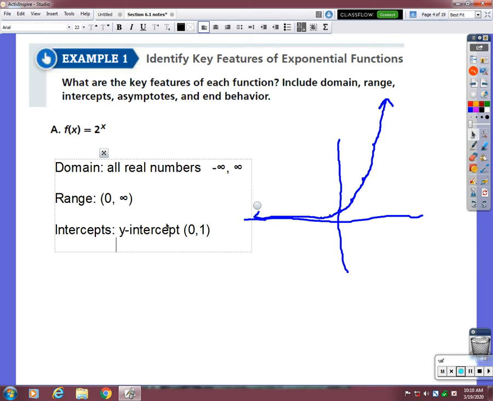And then our x-intercept, where it crosses the x-axis, is nothing, doesn't exist, because, like I said before, this function will never equal 0. So the x-intercept equals none, nunca. Okay, asymptotes.